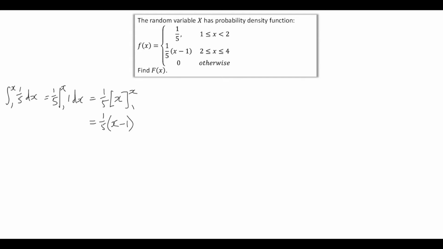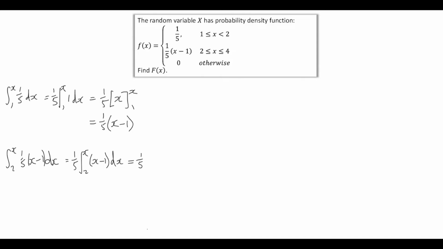The second interval. So this time I'm going to be integrating in between x and the lower limit of the interval. So I'm integrating in between x and 2, and the function is 1/5 x minus 1. You know what I'm going to do already. Let's factorize out the 1/5, and I'm going to be integrating x minus 1. And that gives me 1/5, and in the square brackets, a half x squared minus x.